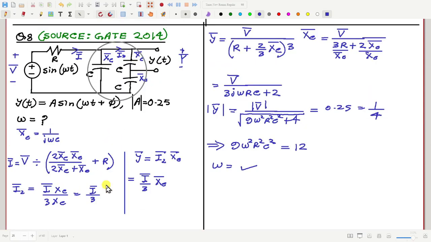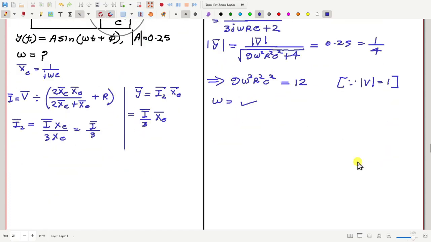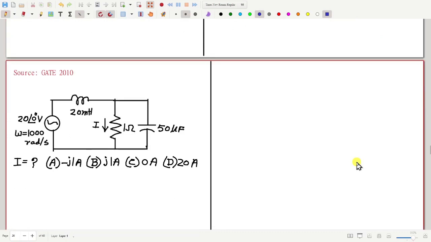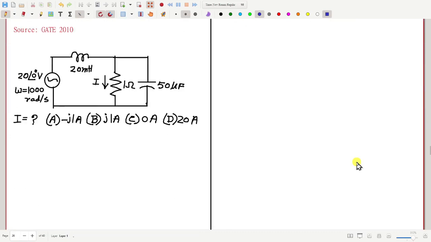How did you write 12? 16 minus 4 is 12, no? Yeah, but mod of V is 1, right? Oh, sorry, yes. Okay. Sorry if I didn't mention that.